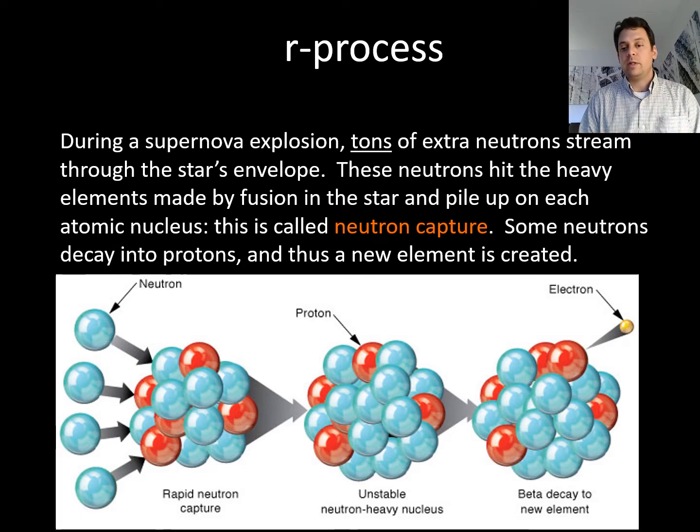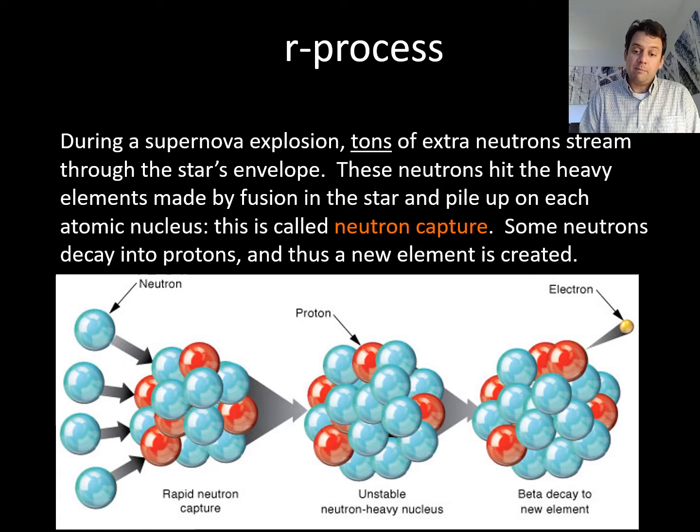The most stable nuclei tend to have roughly equal numbers. Though it's worth noting, as the nuclei get larger, they do develop an asymmetry such that they do have more and more neutrons relative to protons. But still, there are so many neutrons being captured that some of these neutrons get transmuted into protons.